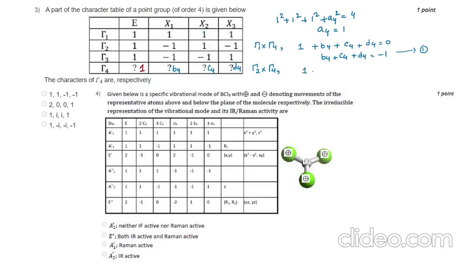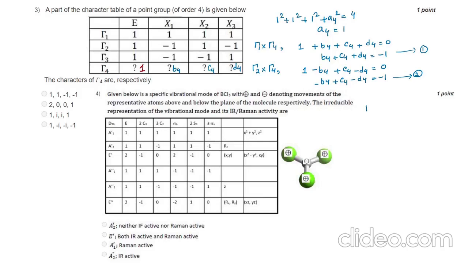It gives 1 minus B4 plus C4 minus D4 is 0. So minus B4 plus C4 minus D4 is equal to minus 1. That gives you 2.